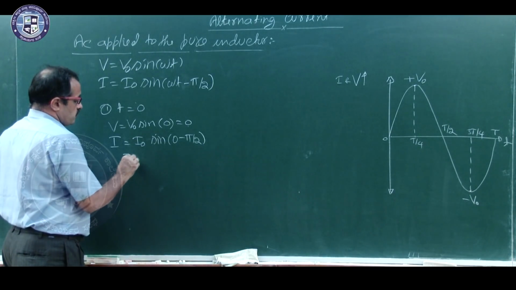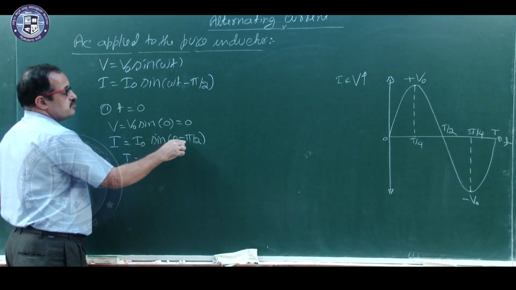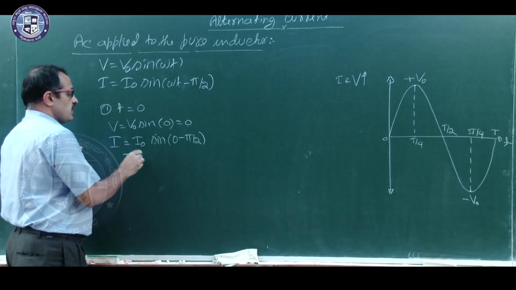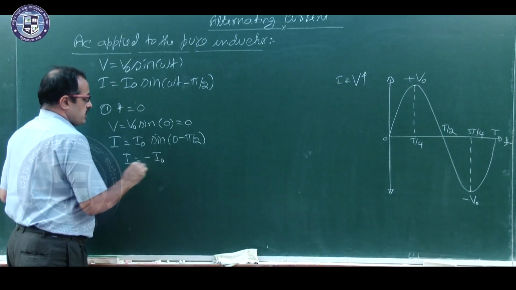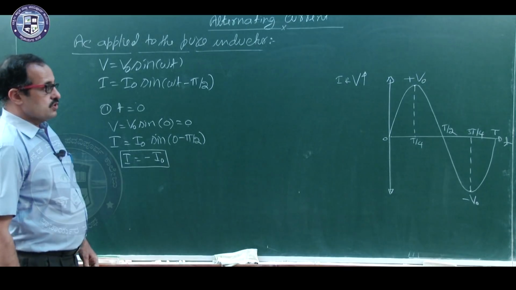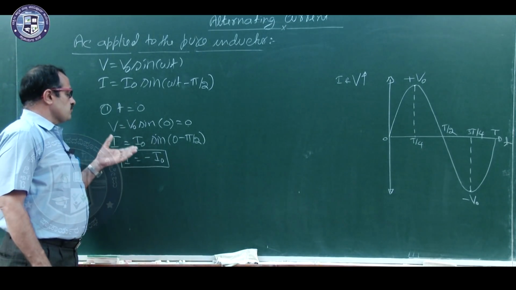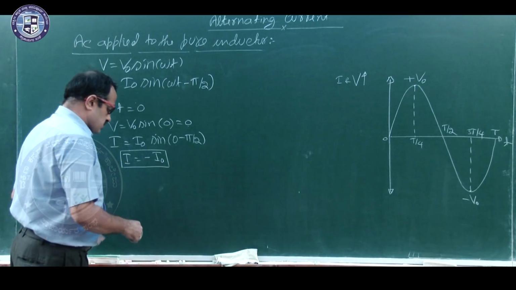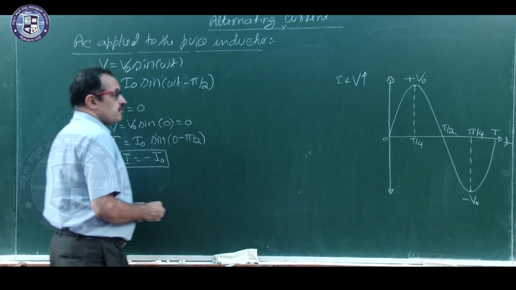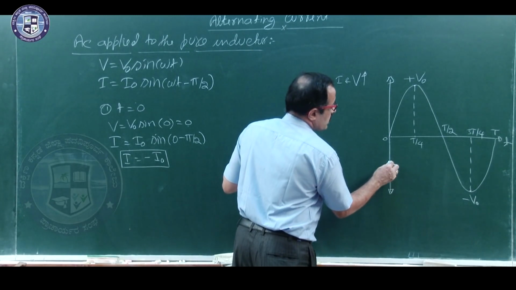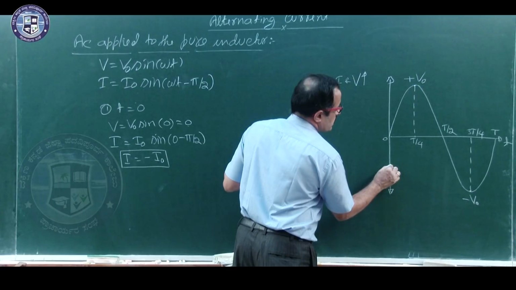That is I is equal to sine minus 90 degree, minus can be taken outside, sine 90 is 1, therefore it is minus I naught. So, when the time equal to 0, voltage is 0, but current is minus I naught. So, that we plot here.